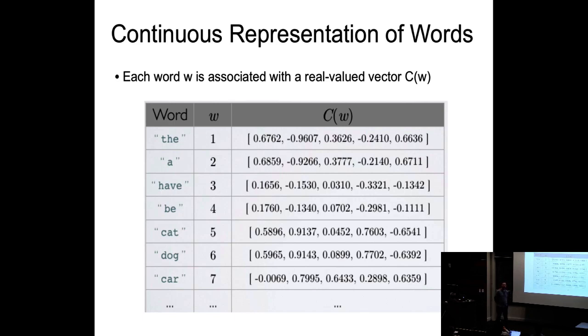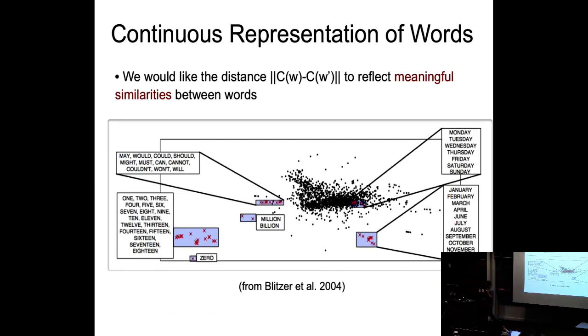Pretty much the state of the art today is to find these real valued embeddings of words. Back in 2004, you want to make sure that the distances in the word embedding space reflect meaningful similarities between the words.